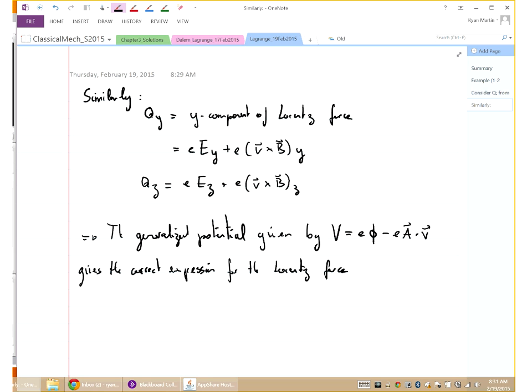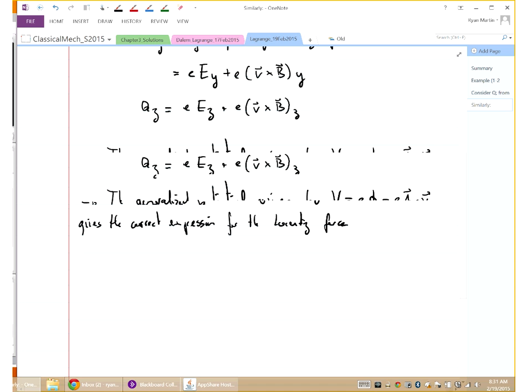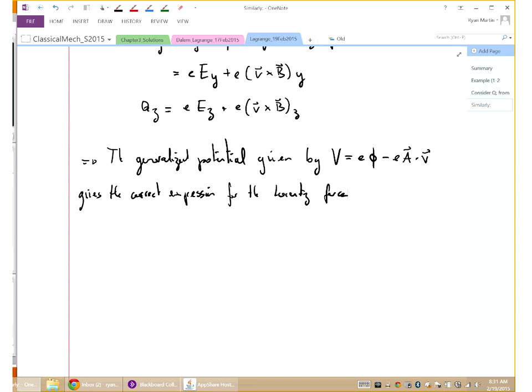So this potential is adequate for describing the motion of a particle in an electric and magnetic field at once.